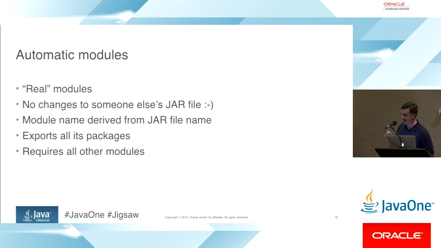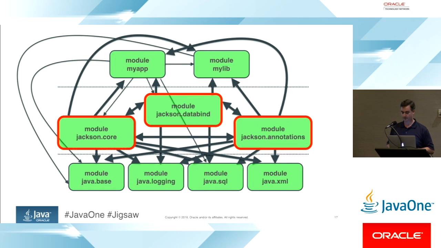So, in effect, automatic modules mean that today's jar files that you're running on JDK 8 are tomorrow's modules. They can act as modules in JDK 9 very often without you doing anything to them, rather. So once automatic modules spring into existence for Jackson core, Jackson databind, and Jackson annotations, the module graph looks quite different.